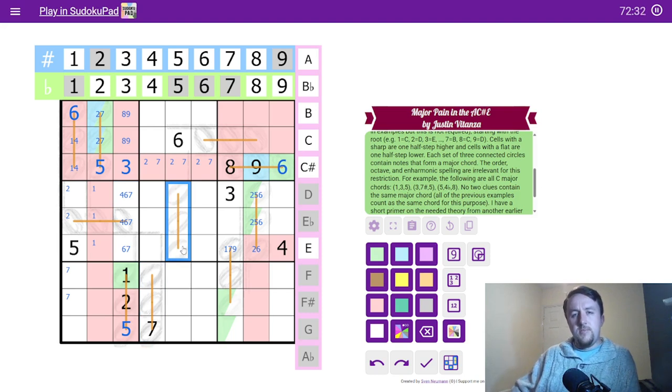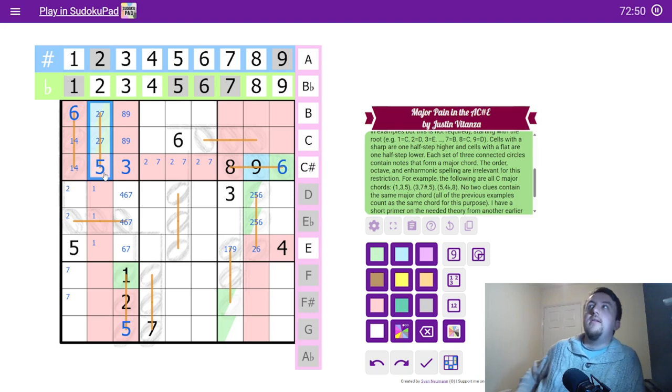If it's the sharp 6, we need sharp 6 to be a B flat in either the E flat major triad. Oh no, it's not that anymore because this was our E flat major triad. So it would be B flat. It would be the B flat major triad.